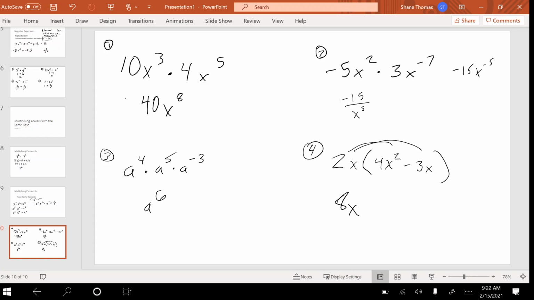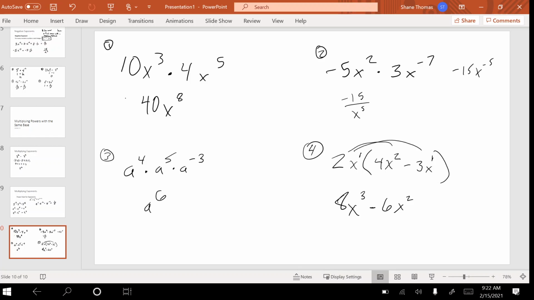This would be x to the first, right? So what's 1 plus 2? 3. Okay, next one. What's 2 times negative 3? Negative 6. X to the first and x to the first. So 1 plus 1 is? 2. Questions on those 4?